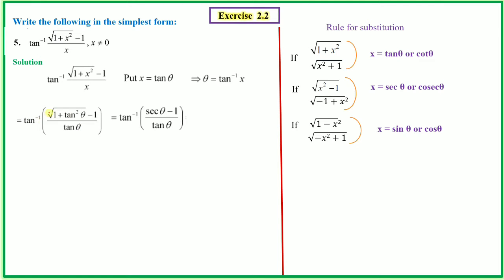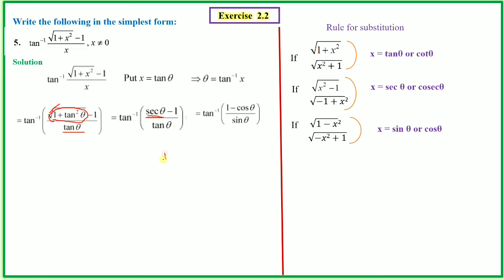So tan inverse, like I told you, 1 plus tan square theta will become under root sec square theta, and then that square will cancel with the square root. Then we have simply sec theta minus 1 upon tan theta. Next is tan inverse.